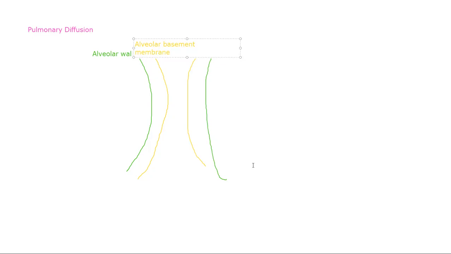Okay, and then we have the capillary wall and the capillary basement membrane.